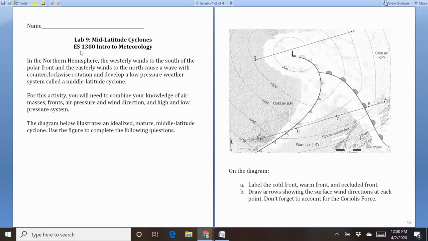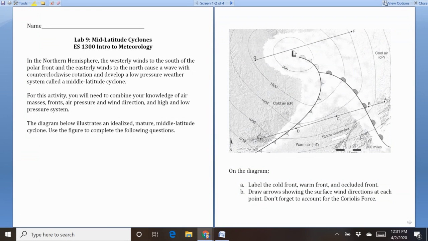So I'll get started with the first few paragraphs here, explaining what this lab is about, giving you a little review that in the Northern Hemisphere, the winds swirl around a low pressure counterclockwise, which is what you see here.